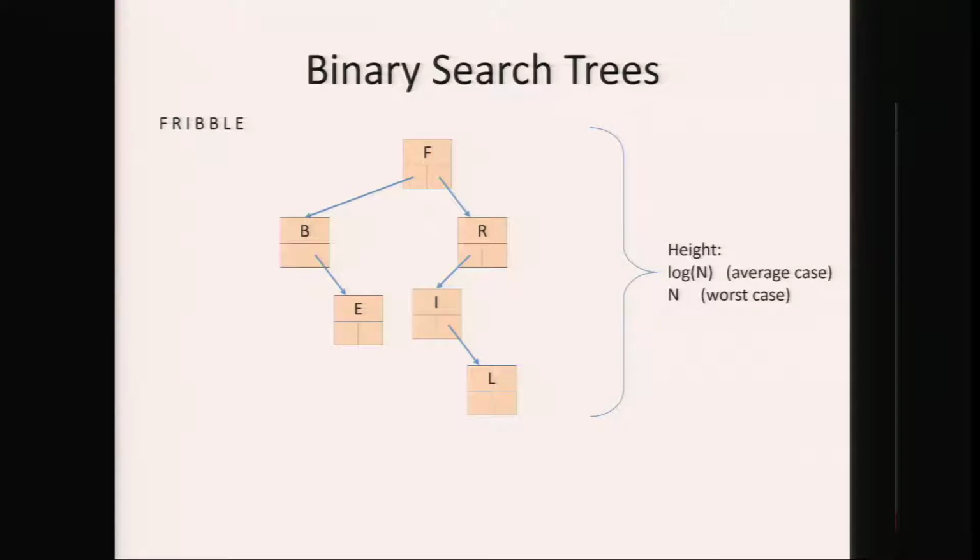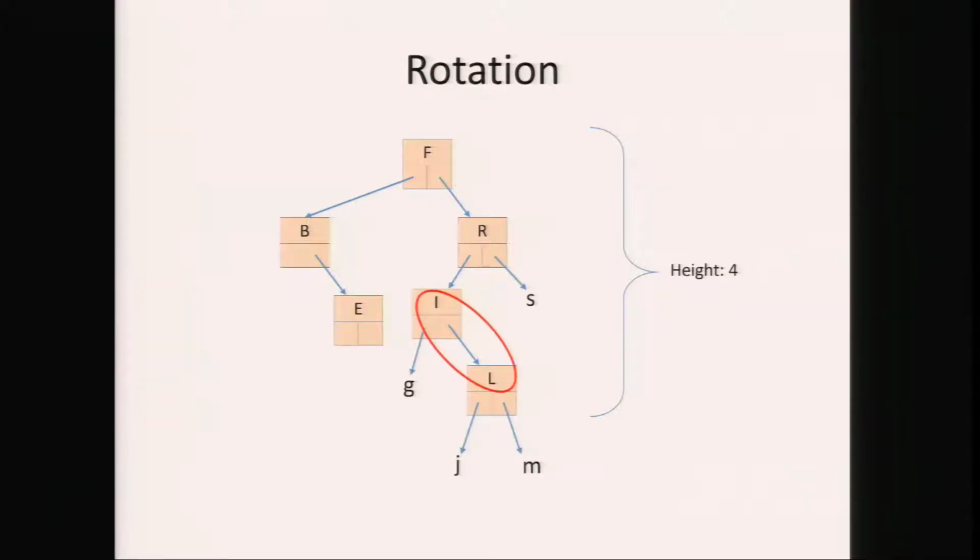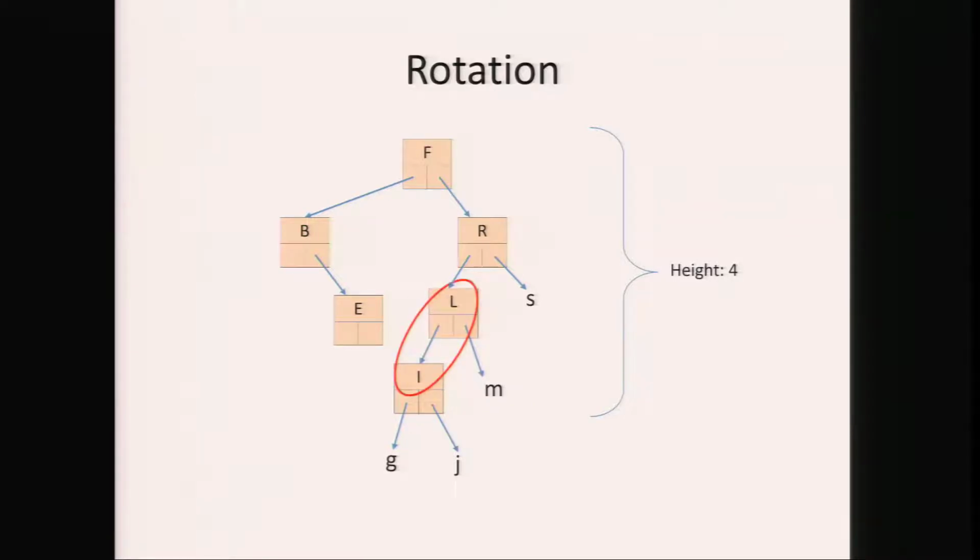And this goes back about 56 years to Adelson-Velsky and Landis with their AVL trees. It's a rotation. So we can take this subtree with its I and L and swap around the I and L, leaving their subtrees roughly in place. So that's a left rotation.